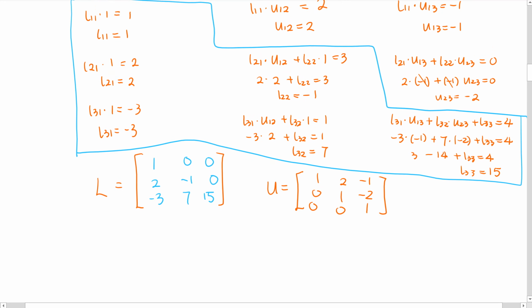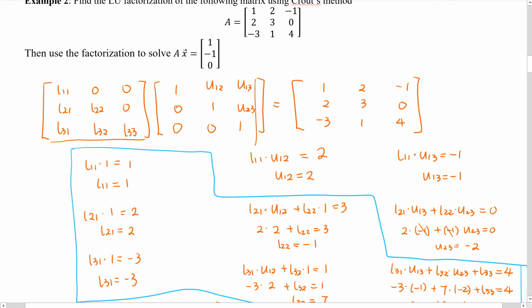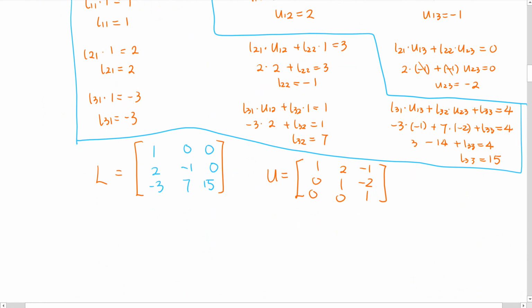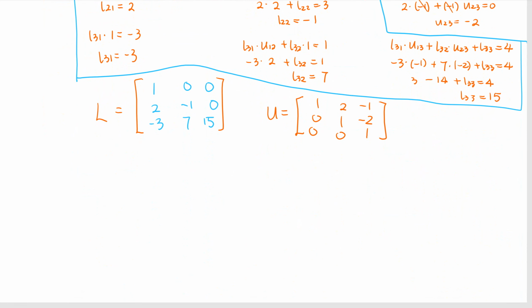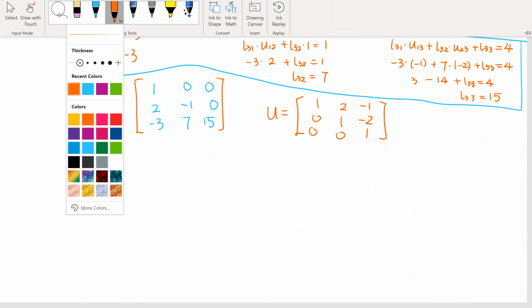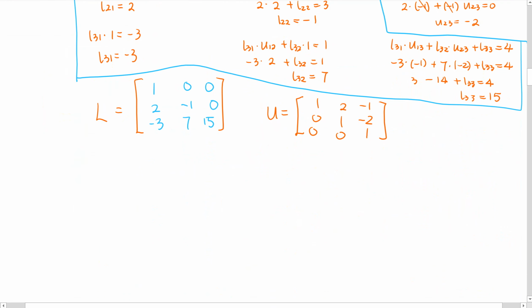Okay, so we have a part B of this problem. Use the factorization to solve AX equals 1, minus 1, 0. Okay, so how do we solve it? So remember, we can solve it using Gaussian elimination, but we need to do a lot of elementary row operations.